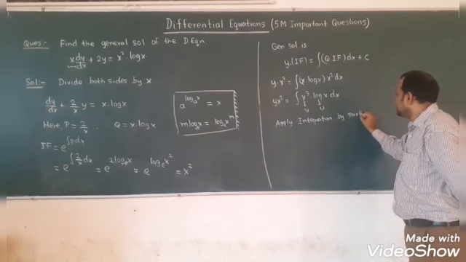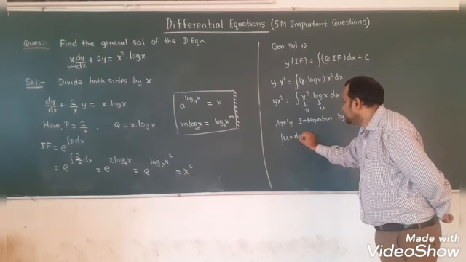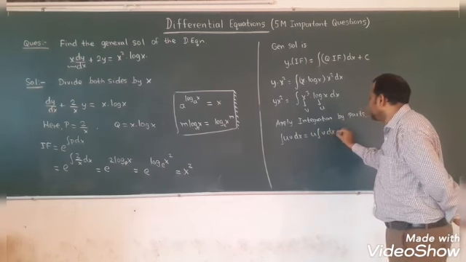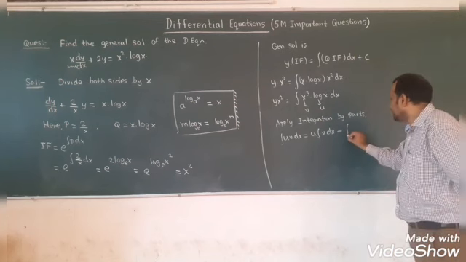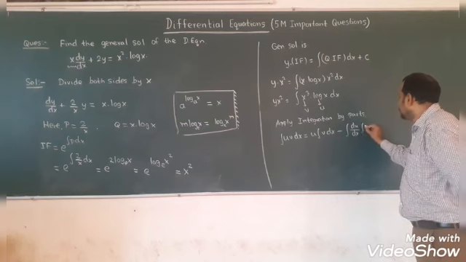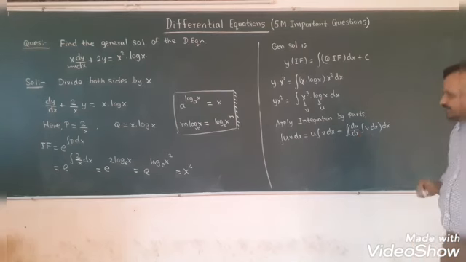When you apply integration by parts, what is the formula? Integral of u v dx is equal to u into integral of v dx minus the integral of du by dx into integral of v dx, dx.